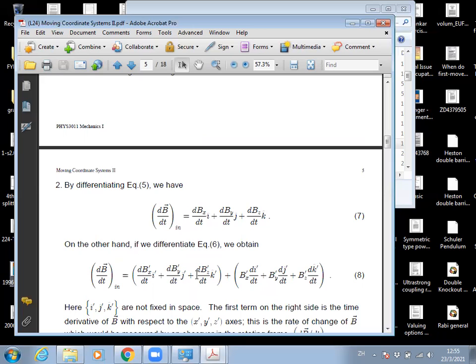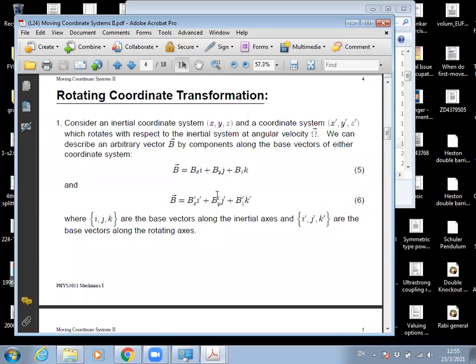Because the basis vectors of the rotating frame are not fixed. They are changing. All right? So when we differentiate this expression, we have two terms. The first term contains the time derivative of the components.